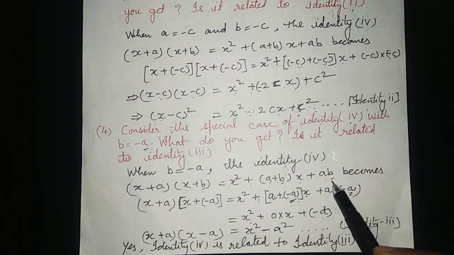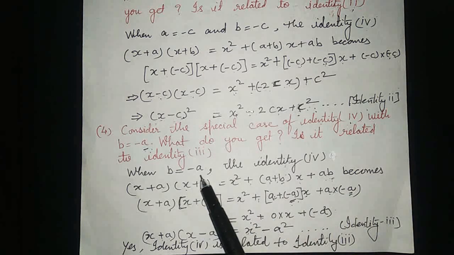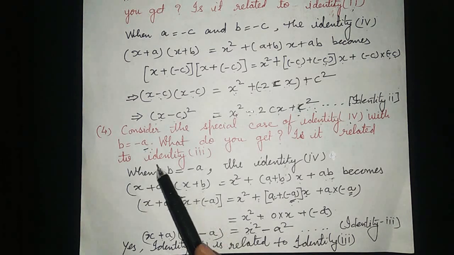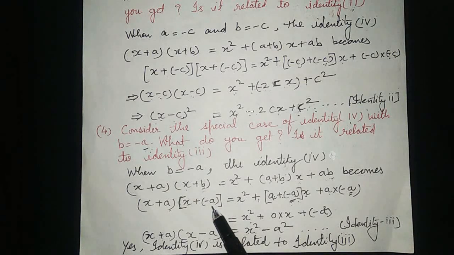Now here for b we will put minus a. Here x plus a we will write as it is. Then x we will write here and then plus, and for this b we will put minus a, and this minus a we will write in the bracket. Now on right hand side also in place of b we will put minus a.